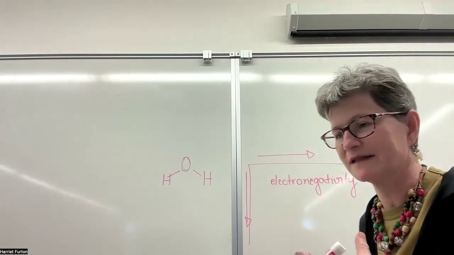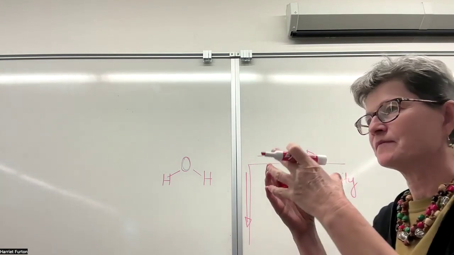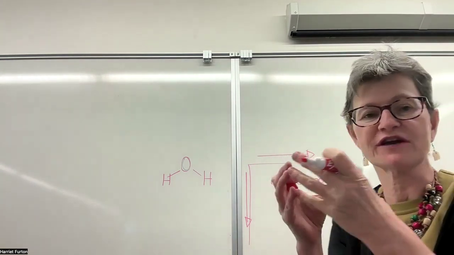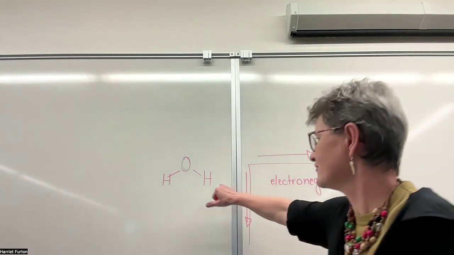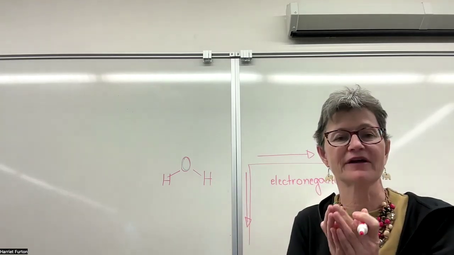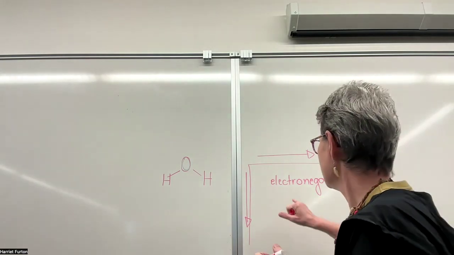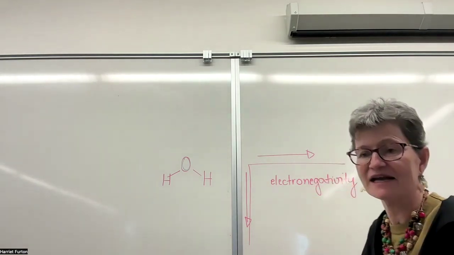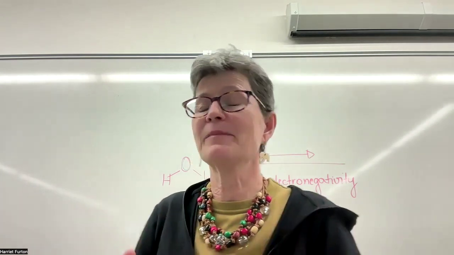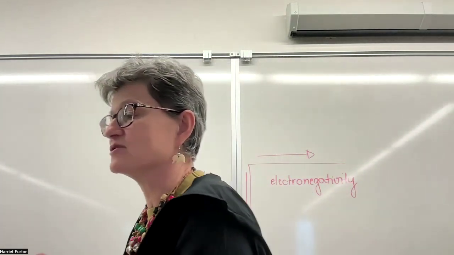It is how strongly the atom holds on to the shared electron with another atom when they share a common electron pair. Now, the oxygen has higher electronegativity compared to the hydrogen.